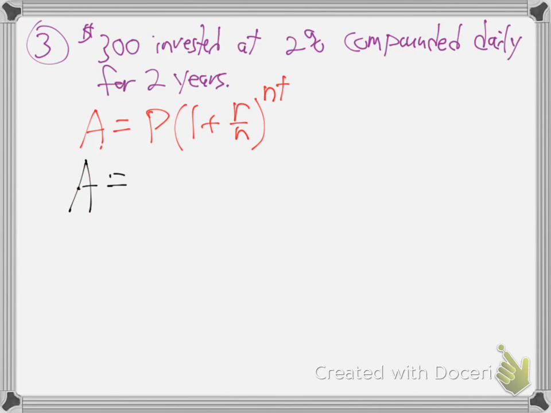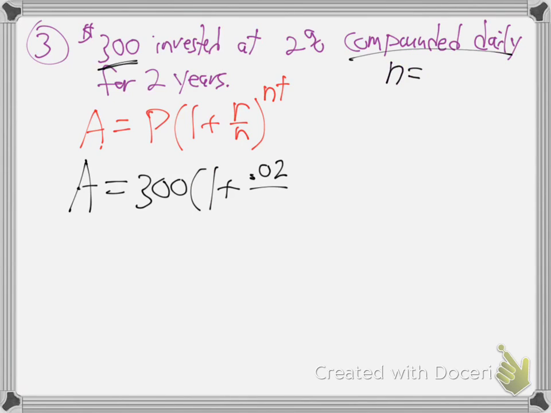All right, so the principal investment is $300. The rate is 2%. What's the number of compoundings? Daily? 365. And the t, the time, is 2 years. So there we go.